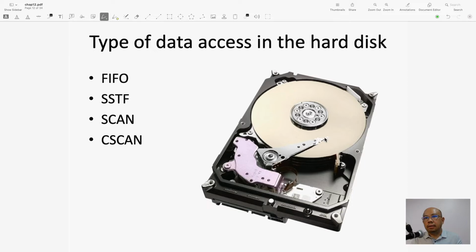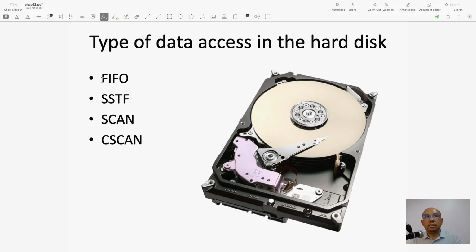When the hard disk reads or writes data, the head moves in and out very quickly, and the transfer speed depends on that moving, which we call the seeking of the head in the hard disk. Based on the head movement in the hard disk, we can implement four algorithms.